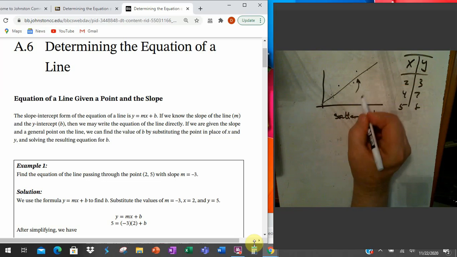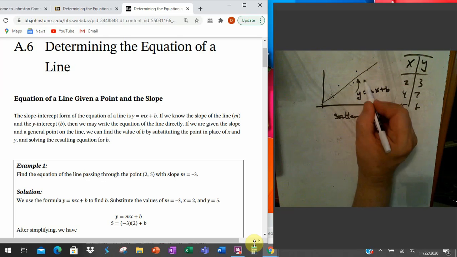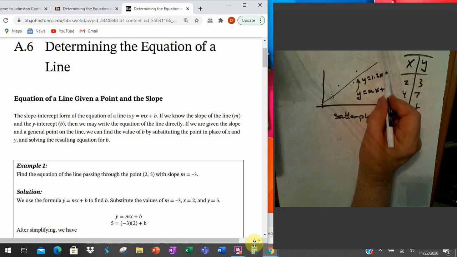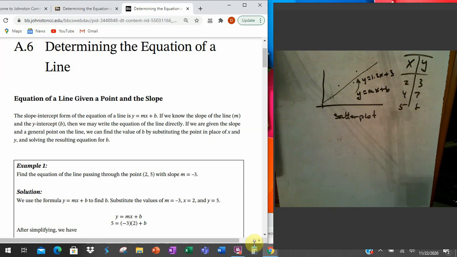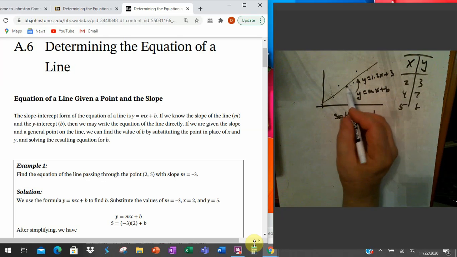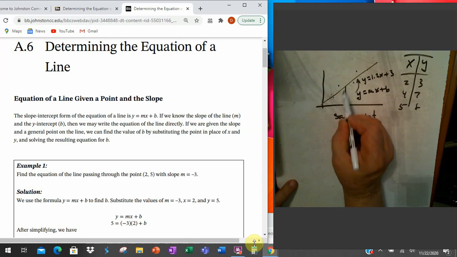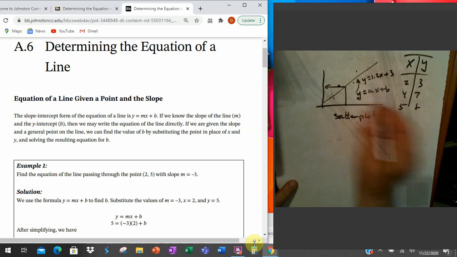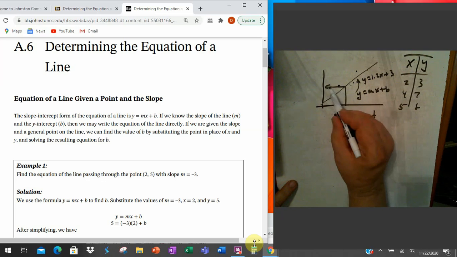And then we would give this an equation, mx plus b. So for this, maybe something like y is equal to 1.2x plus 3. And then we could use this equation to predict what that value would be for something that I don't have. I've got all the x's and y's for these, but I wouldn't know it for something else.